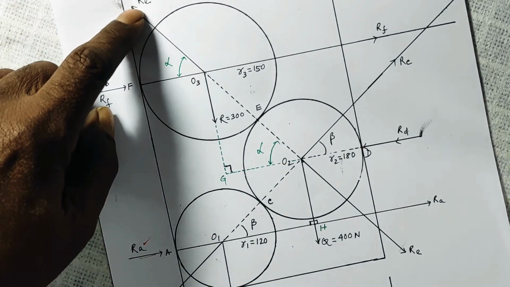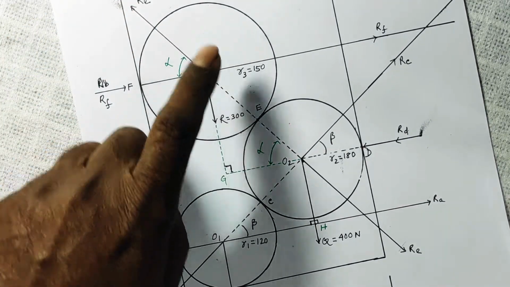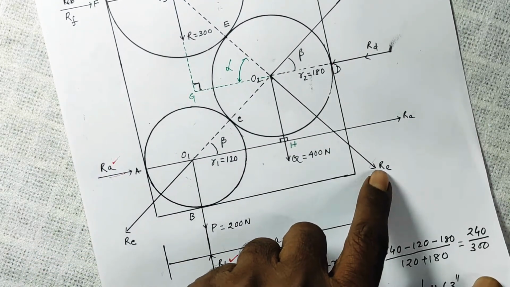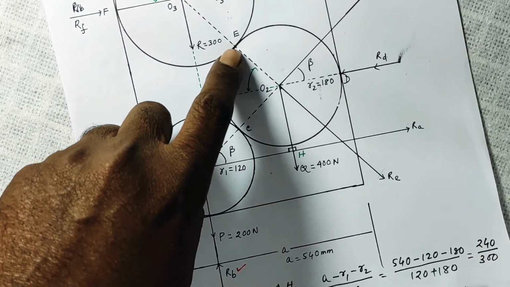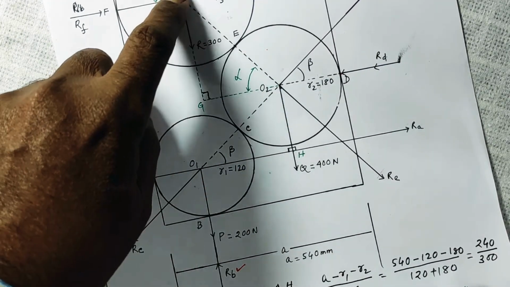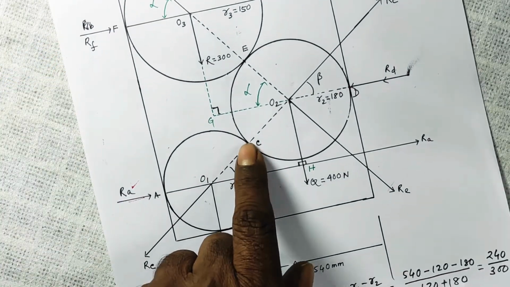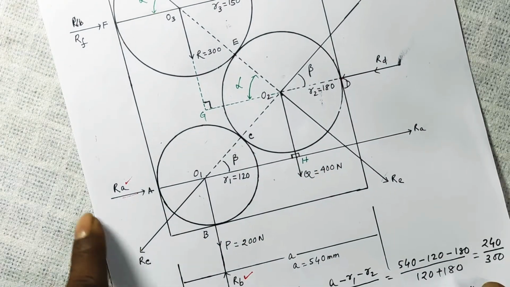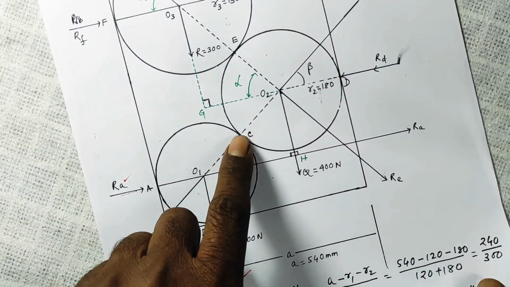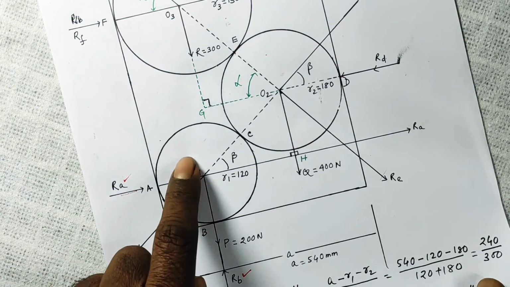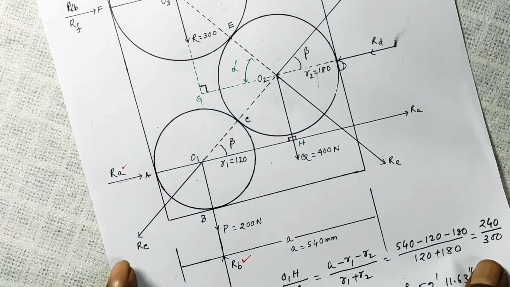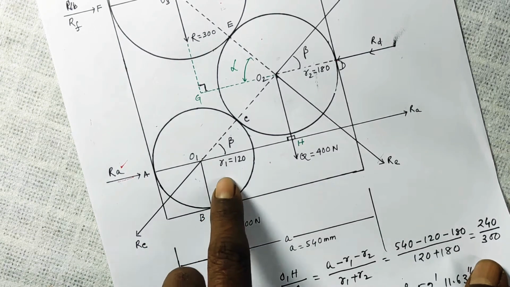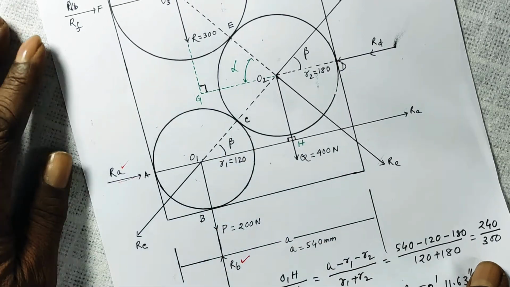This RE is the reaction force on this cylinder at the point of contact E due to this one. And this RE is the reaction force at the point of contact E on this cylinder due to this one. Here, this RC is the normal reaction force at the point of contact to this cylinder by this cylinder. And this RC is the normal reaction on this cylinder due to this cylinder.